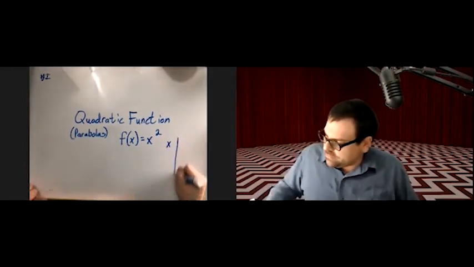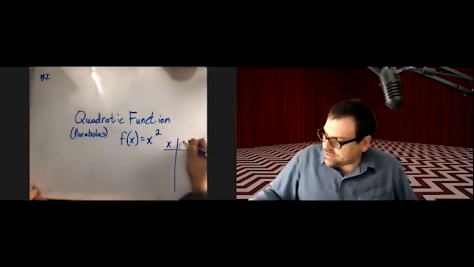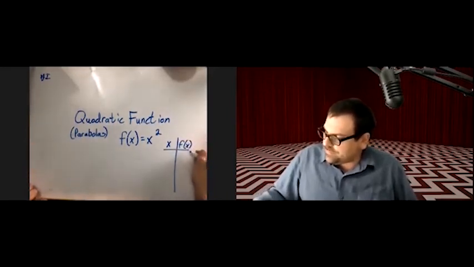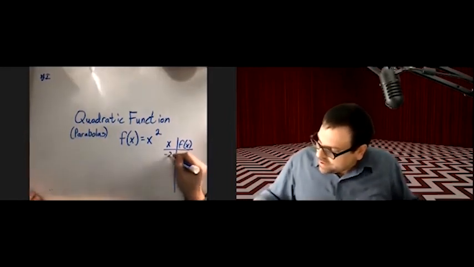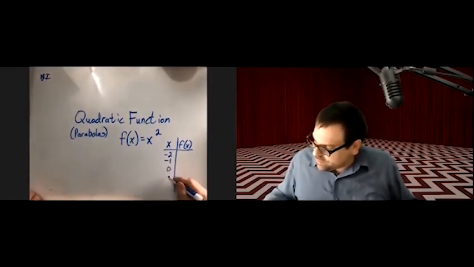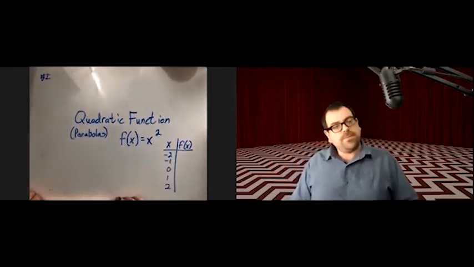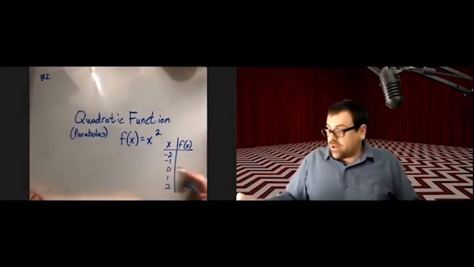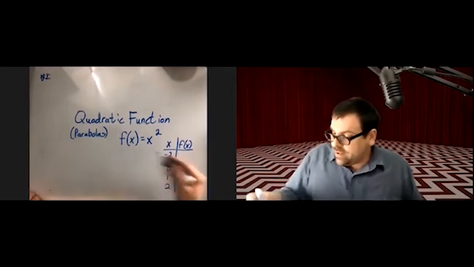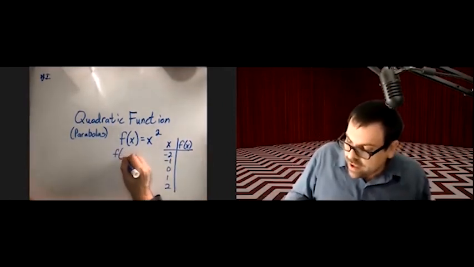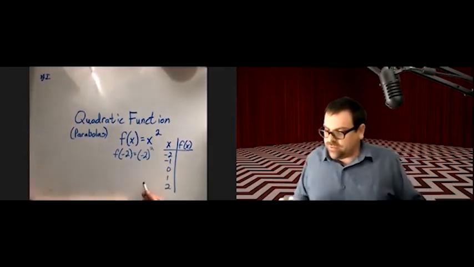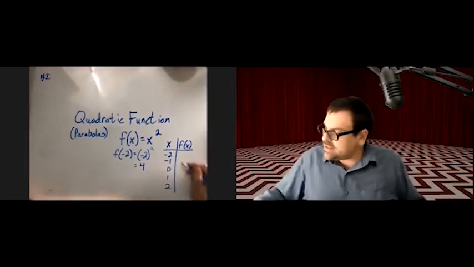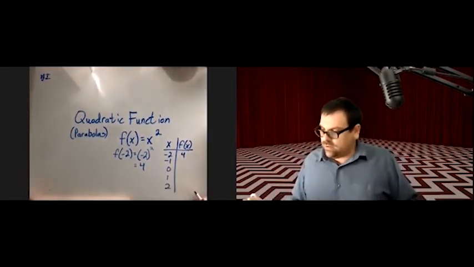So if I made a table for some points, x, f of x, and I want some negatives, 0, some positives, and I start plugging these in. Finding f of negative 2 would be negative 2 squared, and negative 2 squared is positive 4.